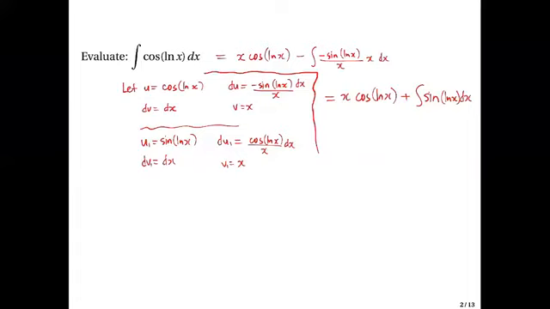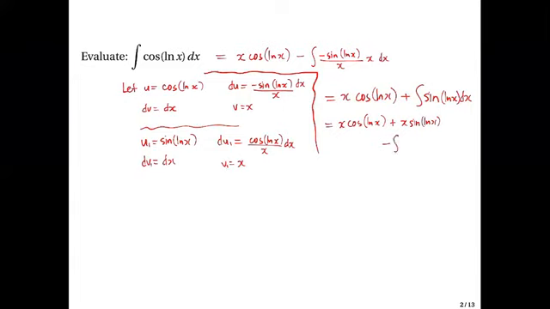So continuing, we just copy this part here. We have x cosine of ln of x. And then for this, we use these substitutions. So plus u1 v1. So we have x sine of ln of x, and then minus the integral of v1 du1.